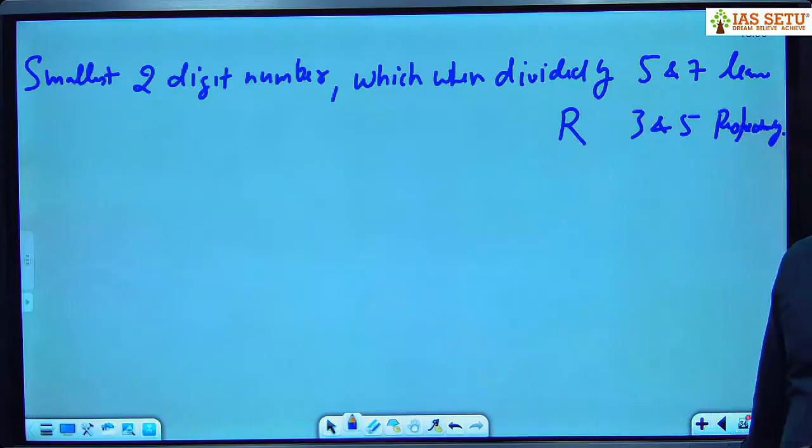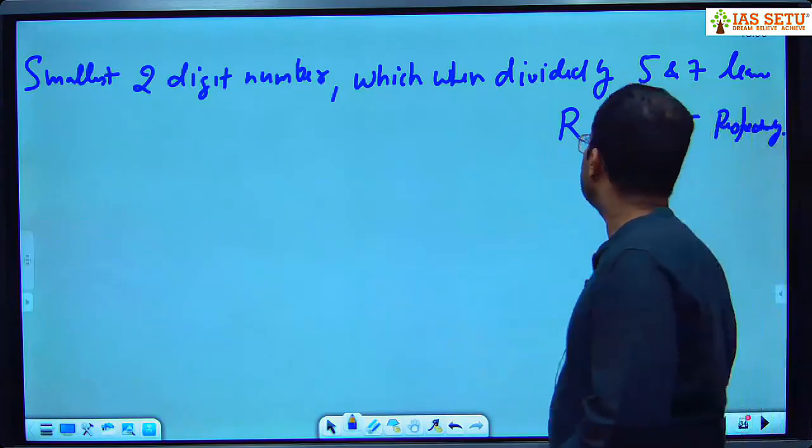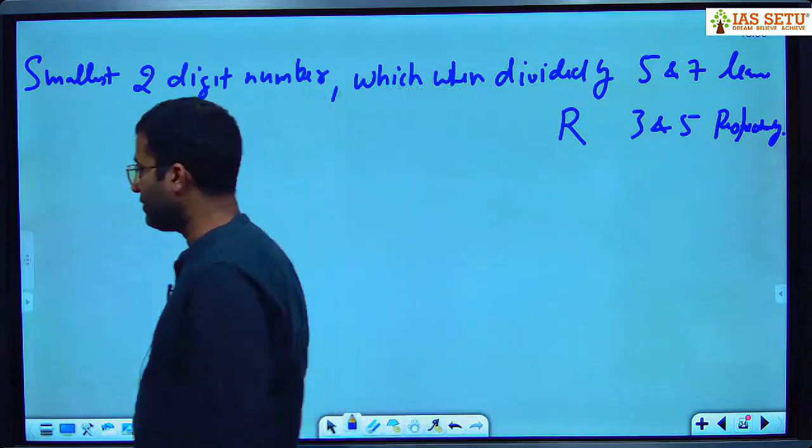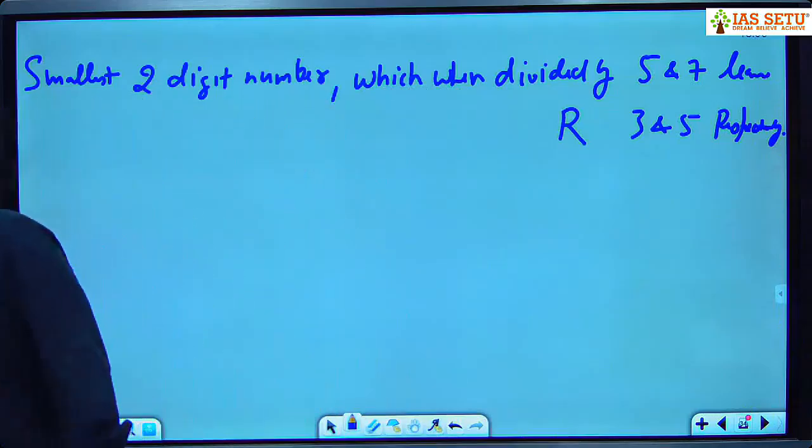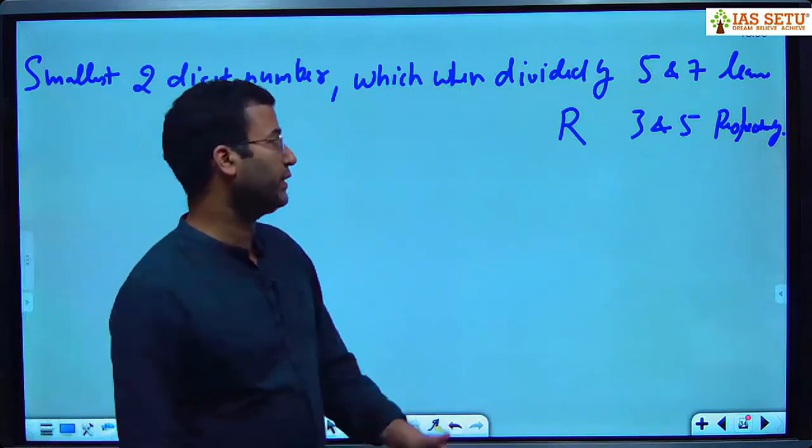Smallest 2-digit number which when divided by 5 and 7 leaves remainder 3 and 5 respectively.